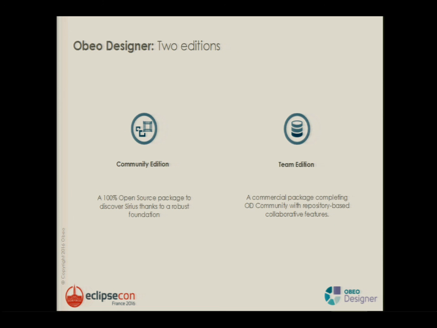After this, you know that Serious, like most Eclipse projects, is just an Eclipse plugin. So you need to install Eclipse and all the dependencies, all the basics to work on. So it could be complex to discover the technology. So we created our own bundle with the trademark OBO.